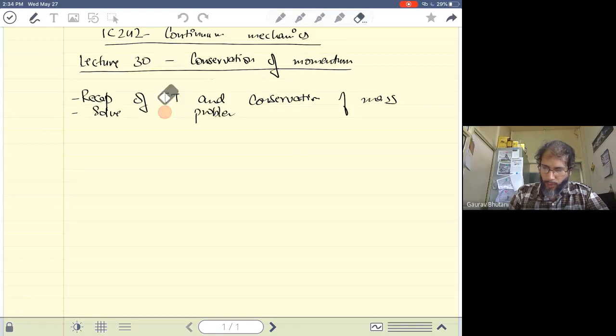So let's just take one problem on the above. Then we will start with deriving the conservation of momentum equations, which includes both the conservation of linear momentum as well as the conservation of angular momentum.